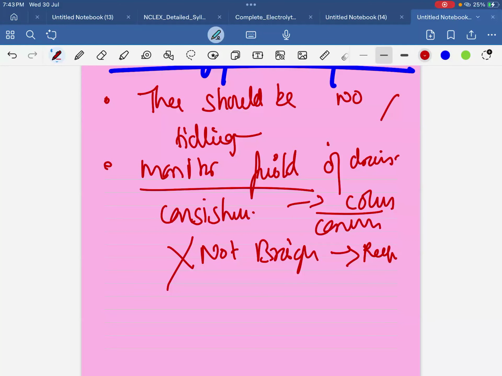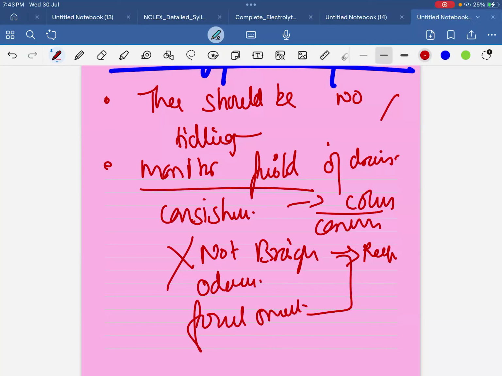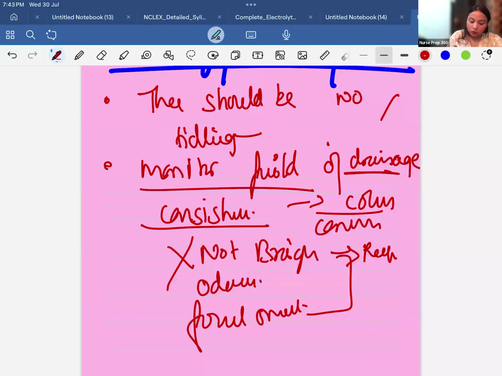Report it right now. Next, there should be no odor. There should be no foul smelling. These are all for monitoring the fluid. Look consistently, you need to monitor the fluid. There should be no change in the color. It should not be bright red.